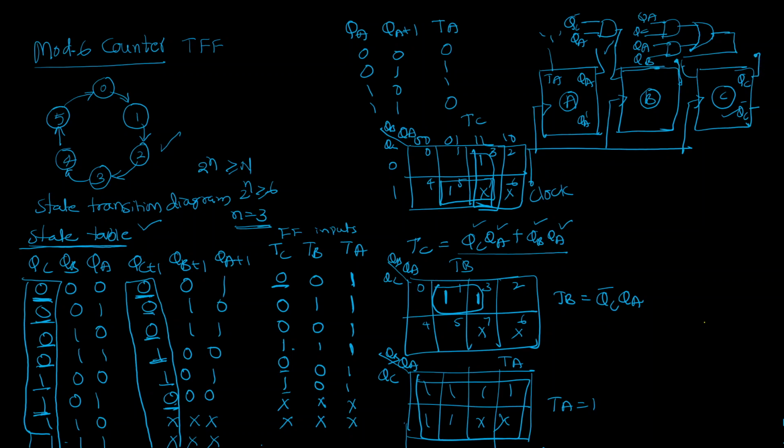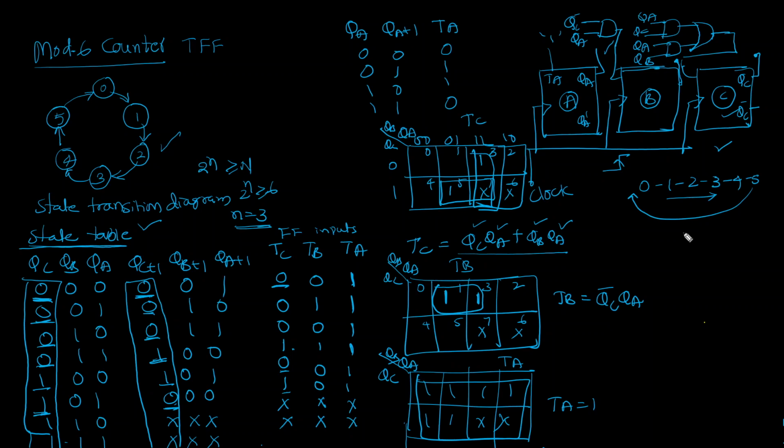If you give the clock pulses to this, what is going to happen? It will move from 0 to 1, 1 to 2, 2 to 3, 3 to 4, 4 to 5, then it will continue with 6. This is exactly the circuit diagram for a Mod-6 counter using T flip-flops. You can see the amount of labor reduced with respect to the design.